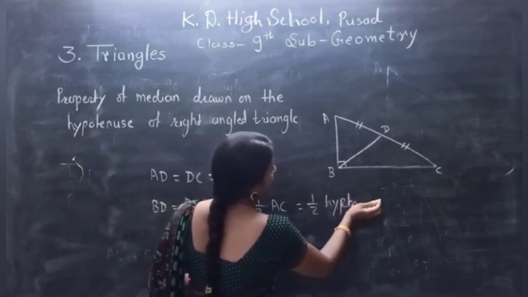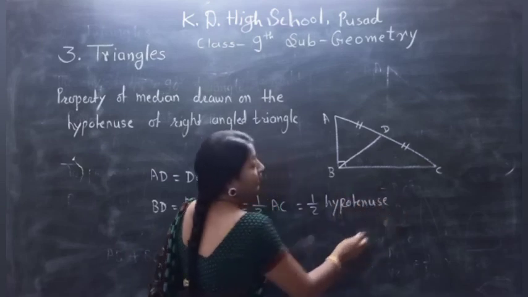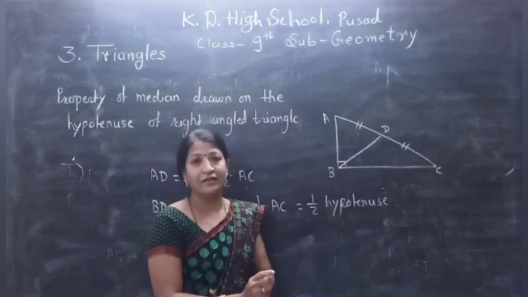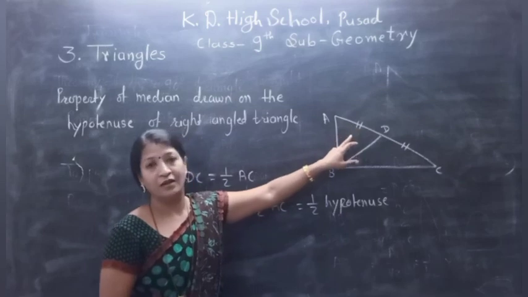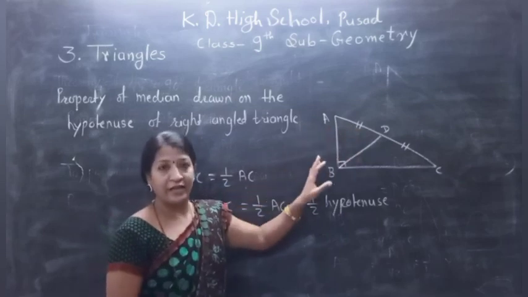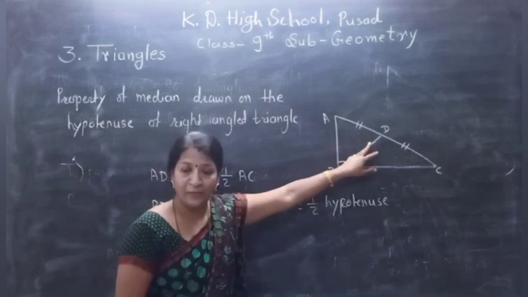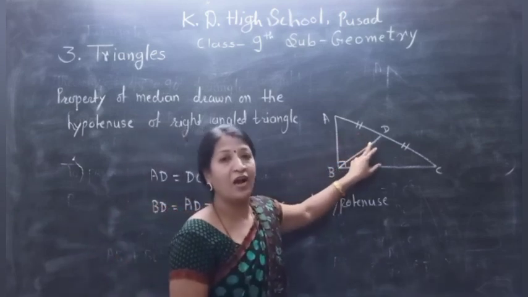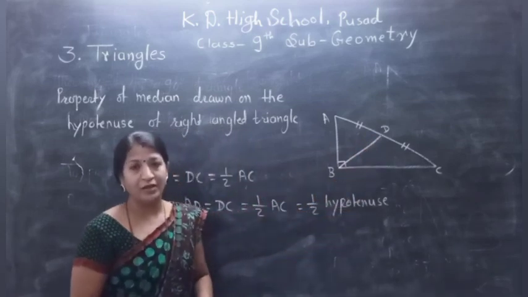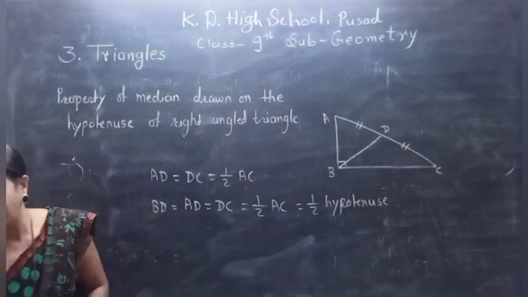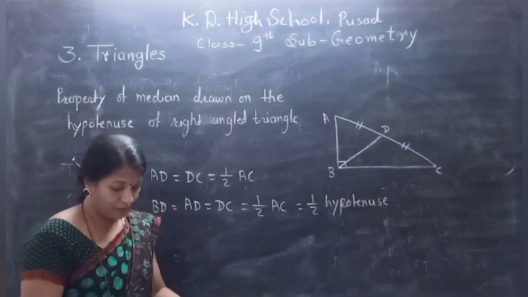In case of a right angle triangle, the median drawn on the hypotenuse is half of the hypotenuse. This is the property which we use in an example. So keep it in mind. All these points we study here, we discuss here, you have to copy in your notebook.